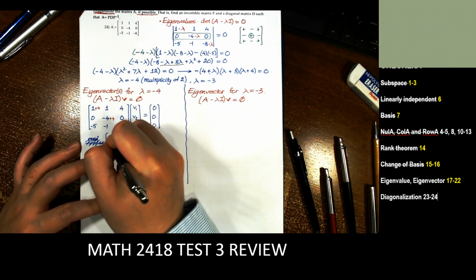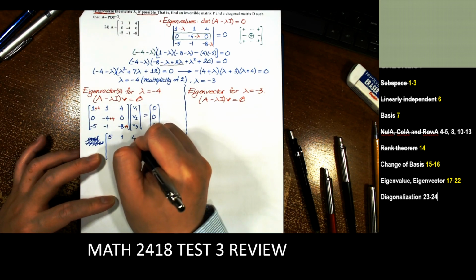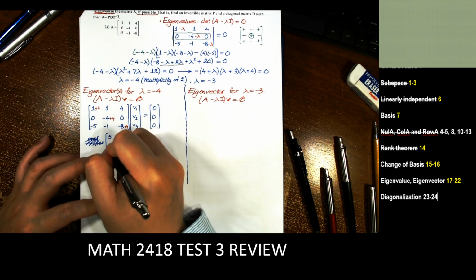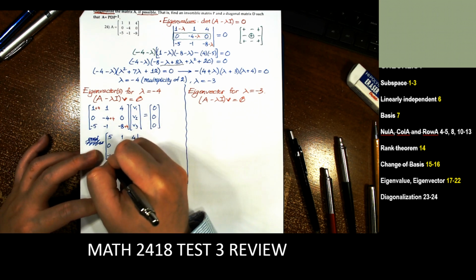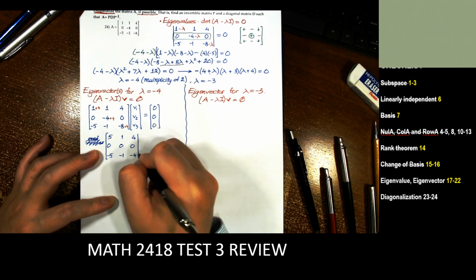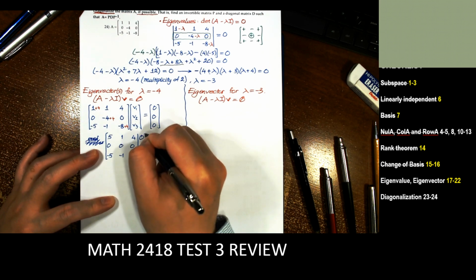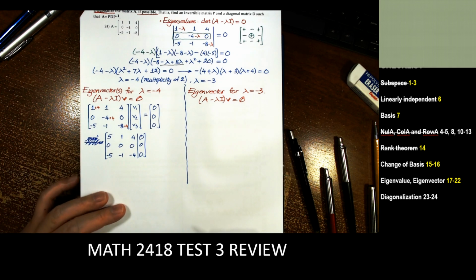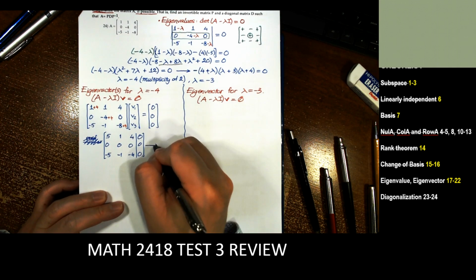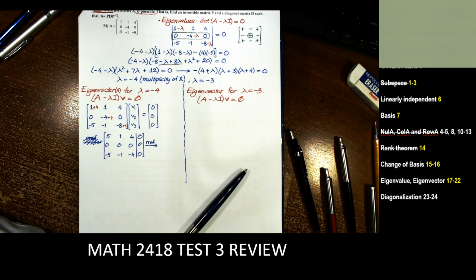Right. So 5, 1, 4, 0, 0, 0, negative 5, negative 1, negative 4, 0, 0, 0. Actually very simple. When we do the reduced row-echelon form, we just have the first row, really. I'll do that anyway.